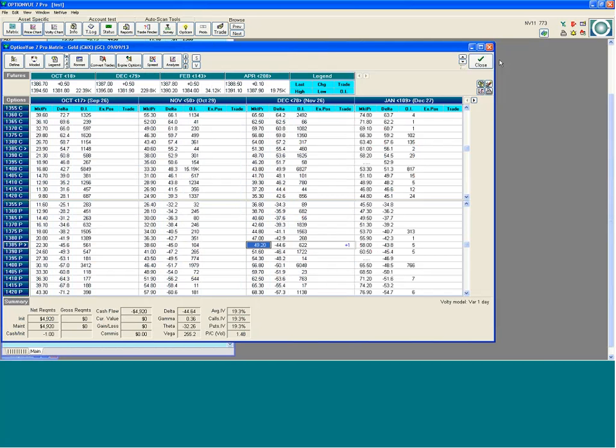Basically, you have to have an outlook for not only the underlying asset in terms of movement up, down, or sideways, but you also have to have a forecast or an outlook for what implied volatility is going to do, and that will allow you to choose the proper type of strategy that you want to employ.